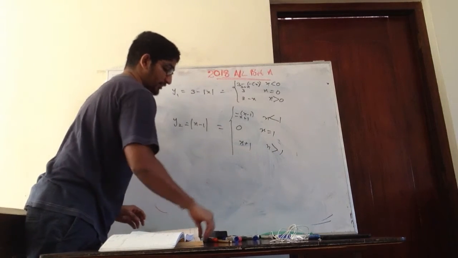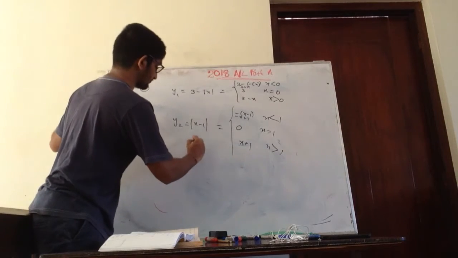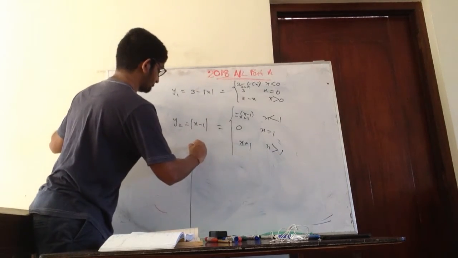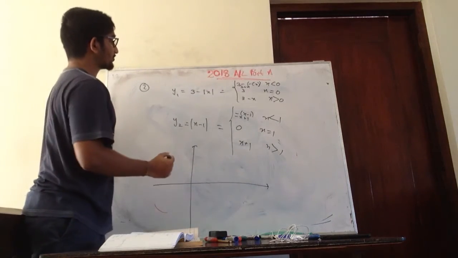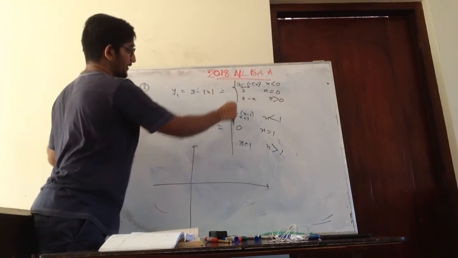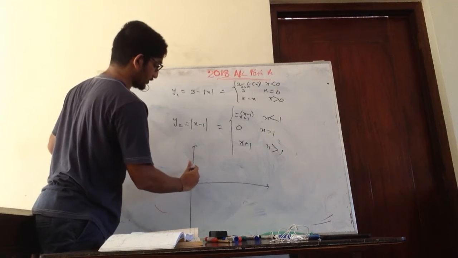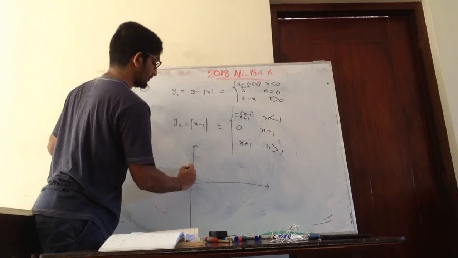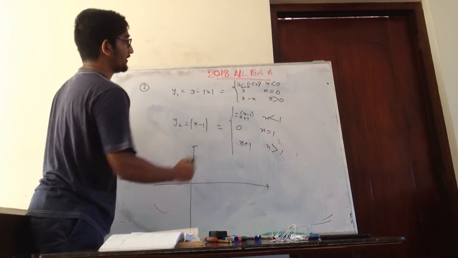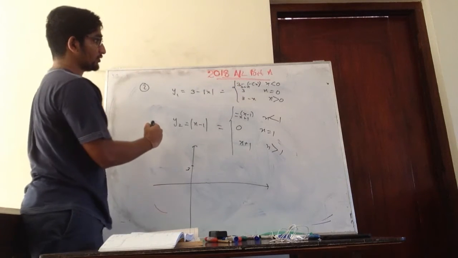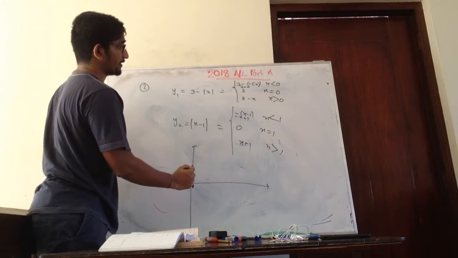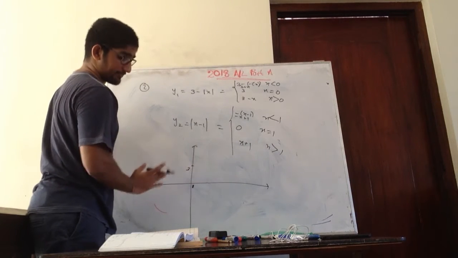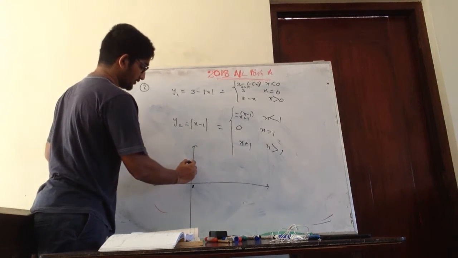So here if I draw this down, let's draw this one. When x equals 0, the value is 3. Then when x is less than 0, it will become 3 plus x, which means the gradient is positive, no? If you go like this.